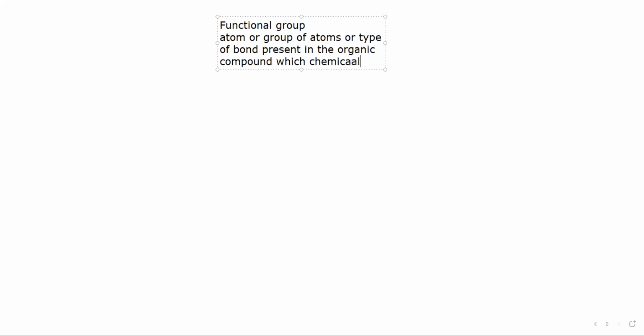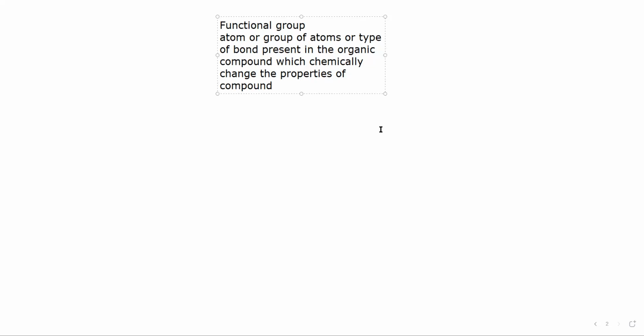So functional groups are atoms or group of atoms or type of bond present in the organic compound which chemically change the properties of the compound.